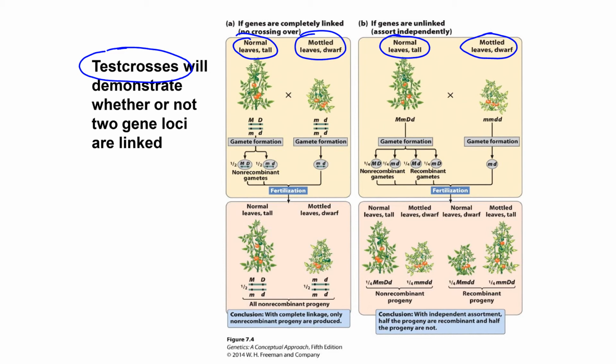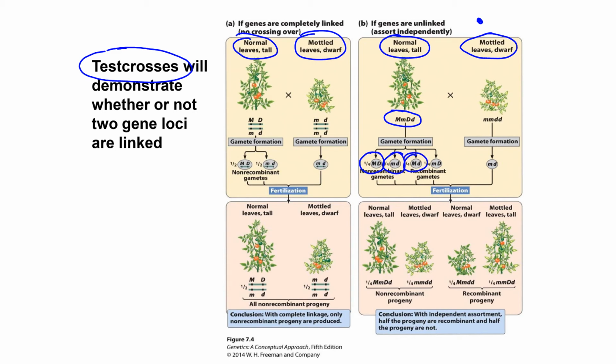If you test cross a heterozygous plant for normal leaves and tall, you know that if these two genes, the gene for height and the gene for leaf shape, assort independently, in such a scenario they would form four different gametes. We already discussed this. Half will be non-recombinant and half will be recombinant.